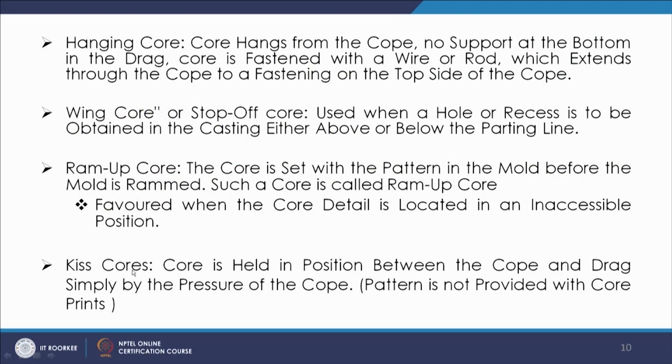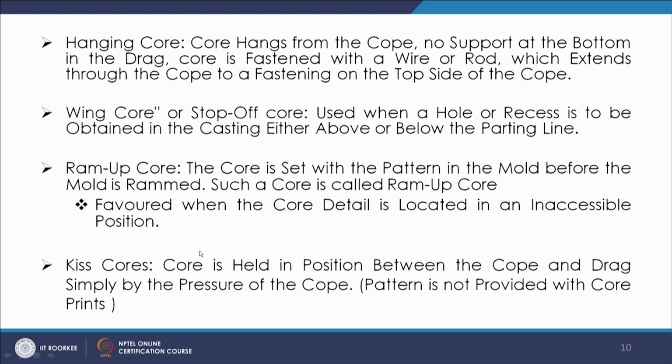Then further you have a core known as the kiss core. Here the core is held in position between the cope and drag simply by the pressure of the cope. Using the pressure of the cope, it is kept touching. In between the cope and drag, the core is positioned and maintains its place.